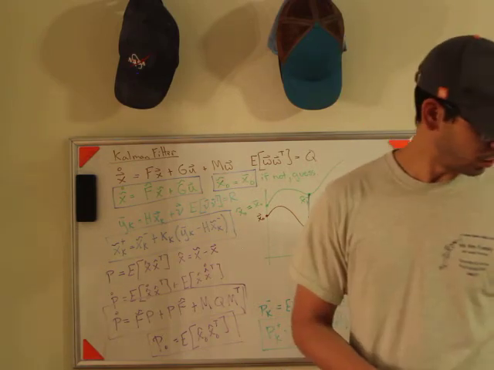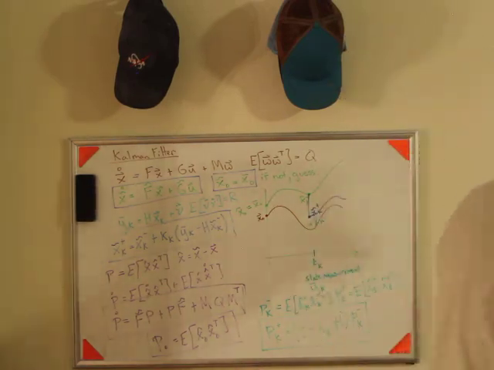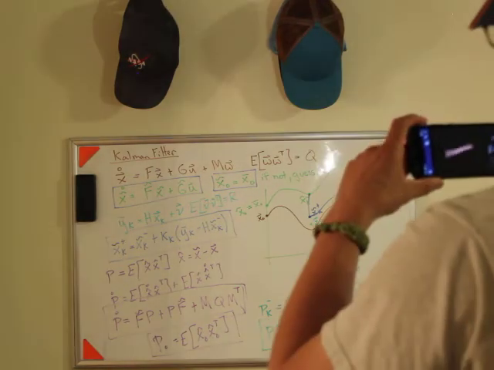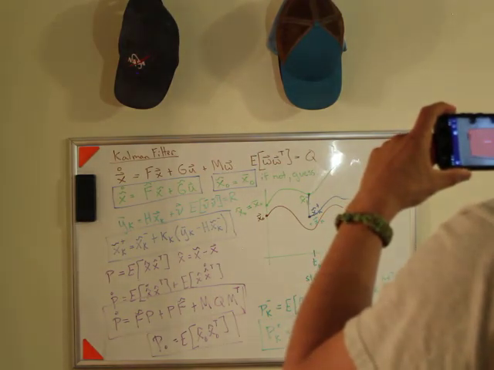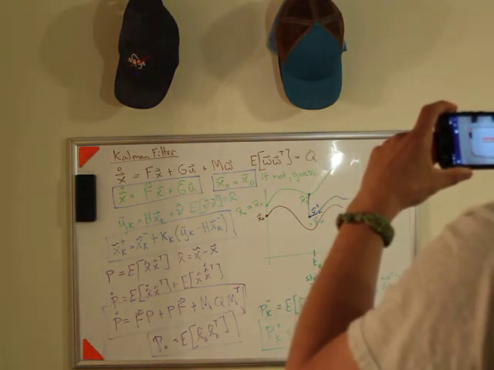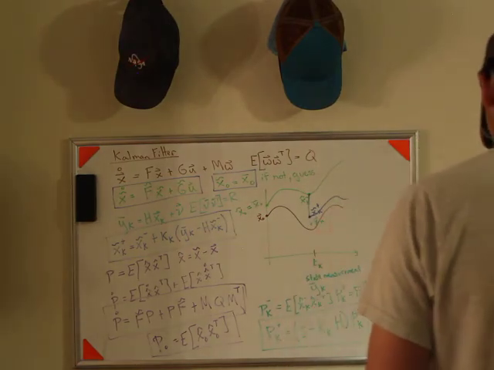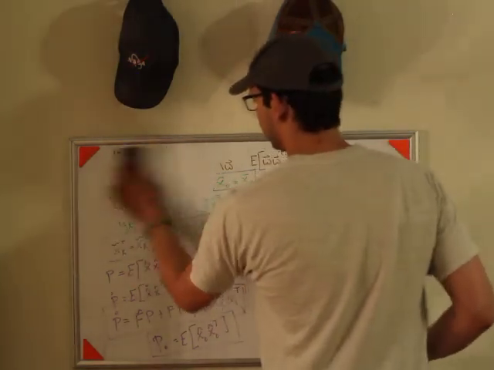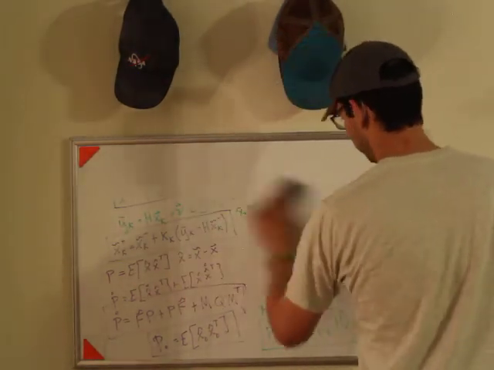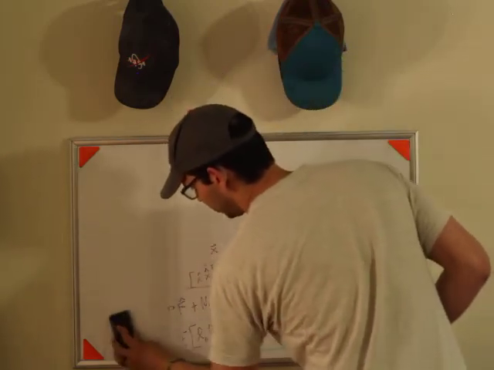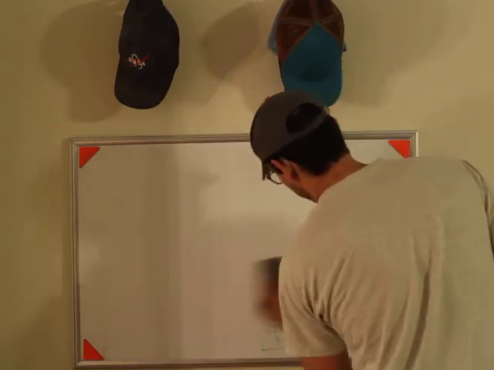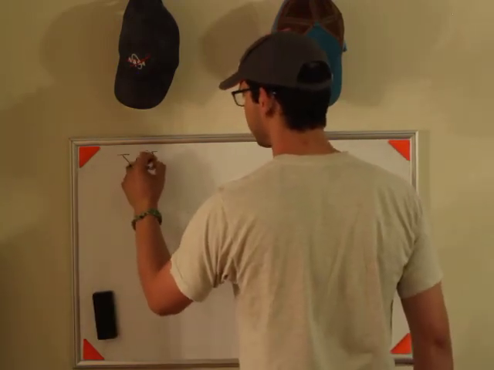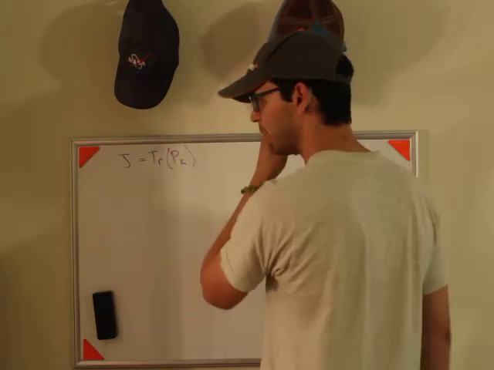And so what we're going to do is create a cost function. J is the trace of Pk, okay?